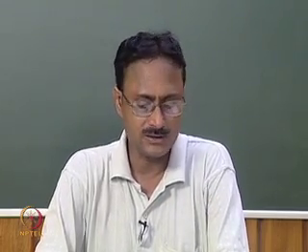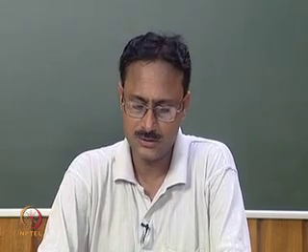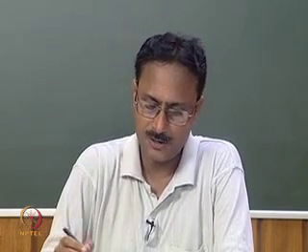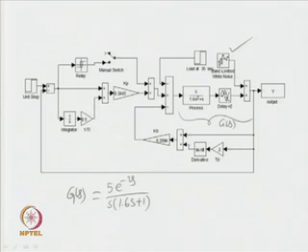To simulate the effects of sensor noise, we have included a block named band limited white noise. So, the sensor is assumed to have band limited white noise of power 10 to the power minus 4. So, the noise power is 10 to the power minus 4.